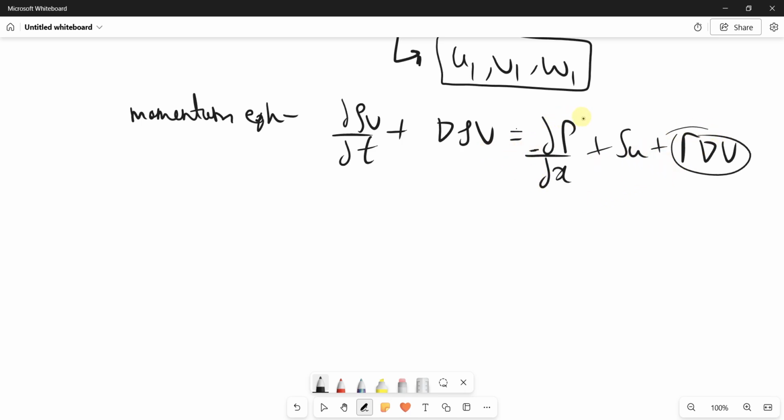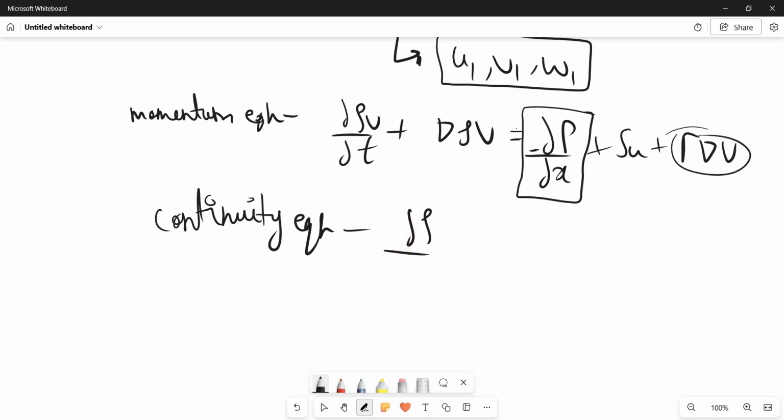Here we have the pressure term, but you need the velocities in order to find pressure. And in the continuity equation, that is dou rho by dt plus del rho v equals 0, right? I'm sorry, this is not del rho v, this is del v. So this equals 0, right?